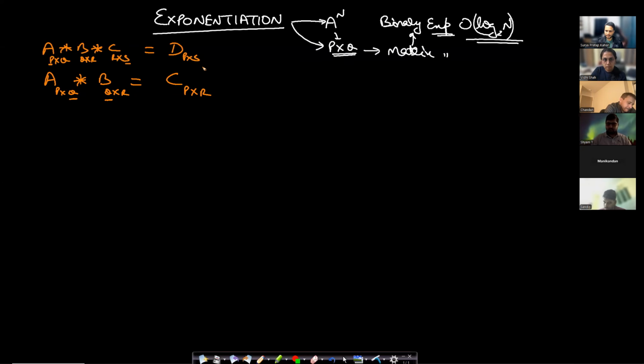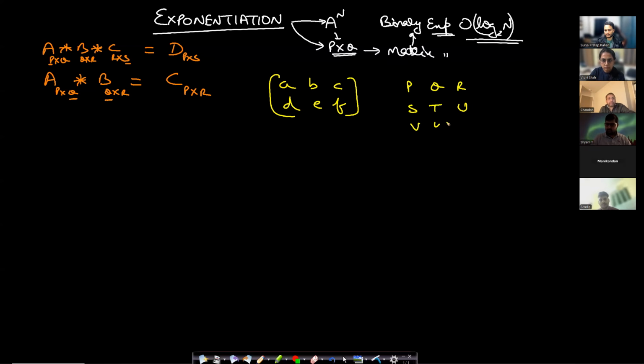So this is how you multiply. If you have to multiply matrices, let's say one having values A, B, C, D, E, F with something like P, Q, R, S, T, U, V, W, X. Can we multiply this?